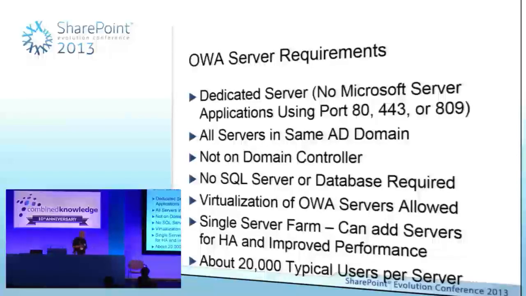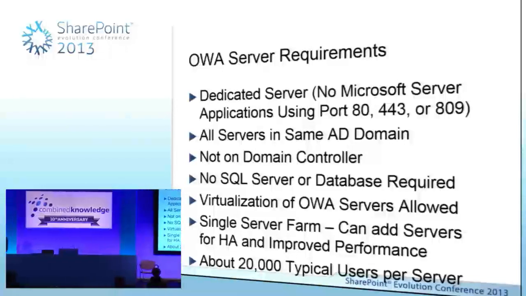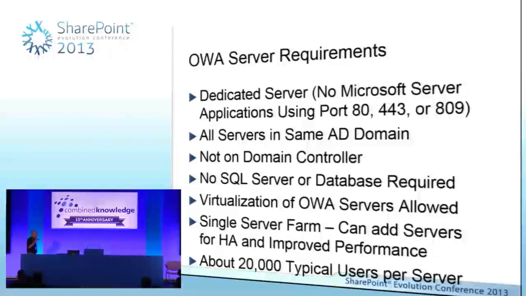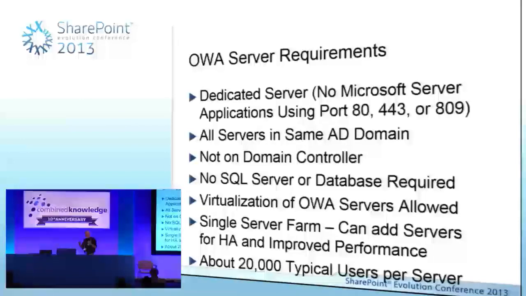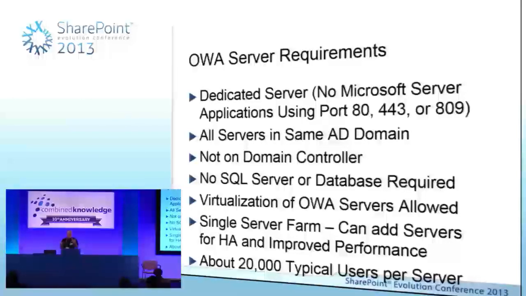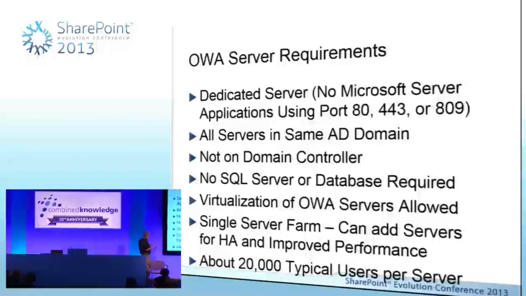OWA server requirements: dedicated server. Again, no SharePoint, no domain controller. Anything that uses by default port 80, 443, or 809, you're going to have issues when you install OWA. Or the installation will be successful, but when you try to access it, you're not going to be able to get the documents to be either editable or viewable.